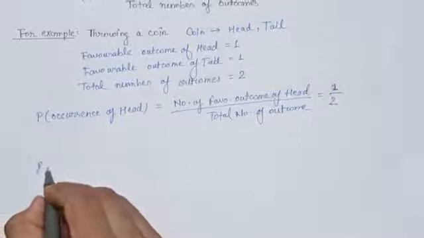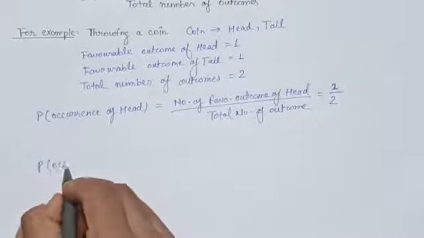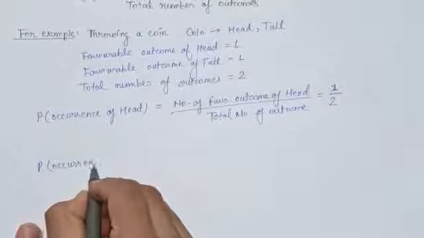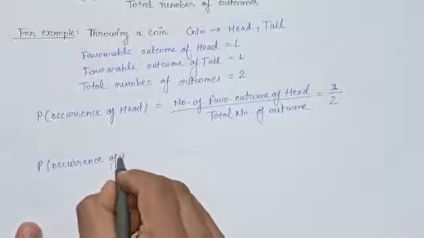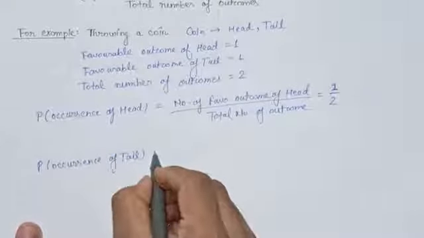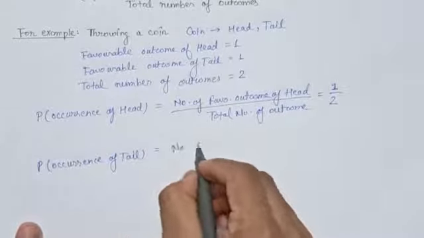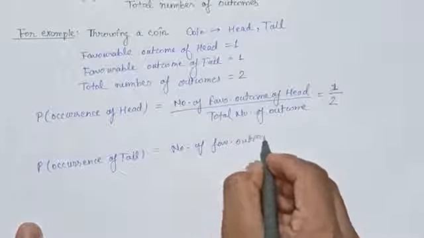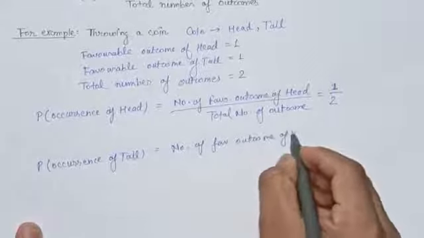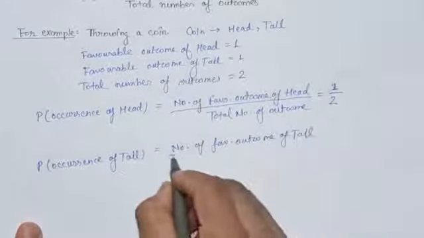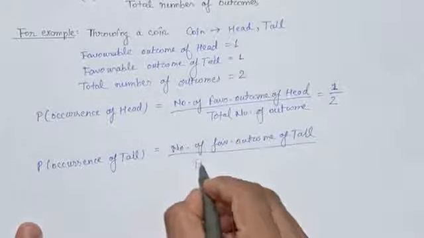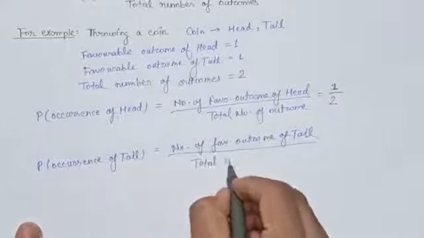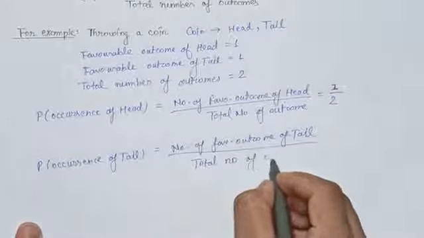In the same way, probability of occurrence of tail is equals to number of favorable outcome of tail divided by total number of outcomes.